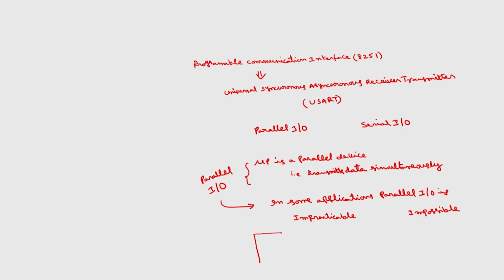So, I have one computer here, this is computer 1, and computer 2 is placed at a remote place. I want to transmit 8 bit of data in parallel. So I need 8 lines, each line carrying 1 bit of information.